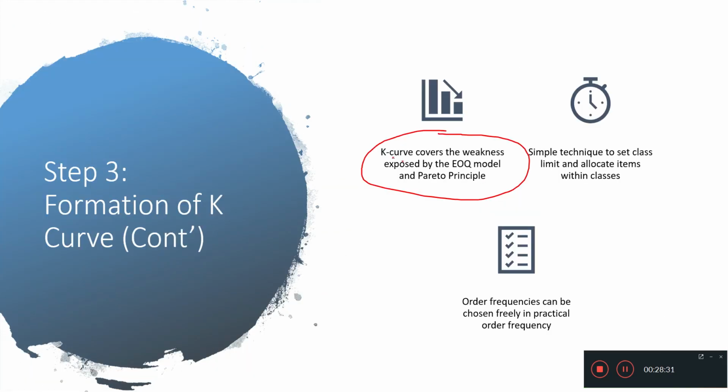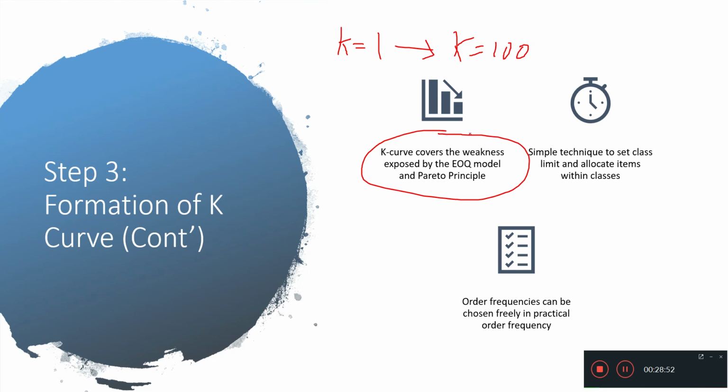The k curve goes from k equals 1 to k equals 100. So we have put 10 different types of k into consideration to cover up the EOQ model's weaknesses.